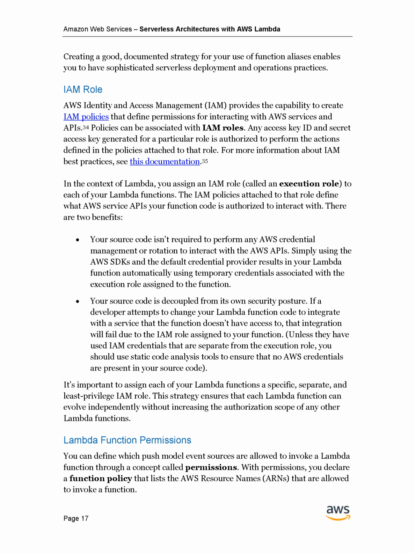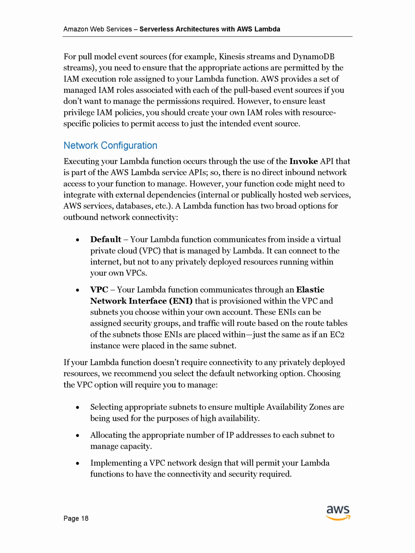Lambda function permissions. You can define which push model event sources are allowed to invoke a Lambda function through a concept called permissions. With permissions, you declare a function policy that lists the AWS resource names, ARNs, that are allowed to invoke a function. For pull model event sources, for example, Kinesis streams and DynamoDB streams, you need to ensure that the appropriate actions are permitted by the IAM execution role assigned to your Lambda function.